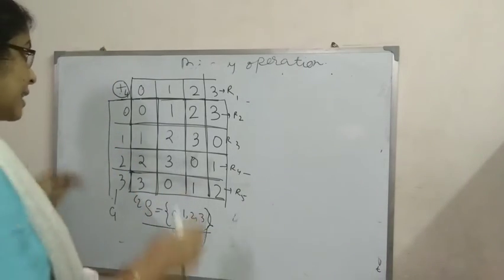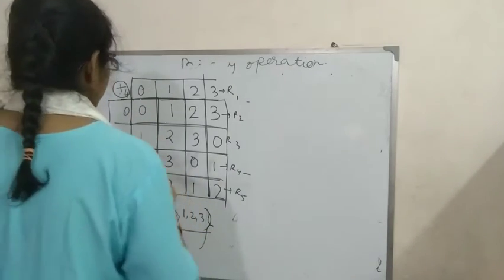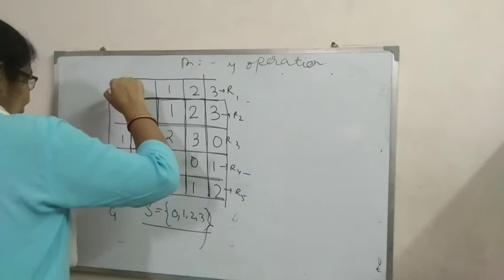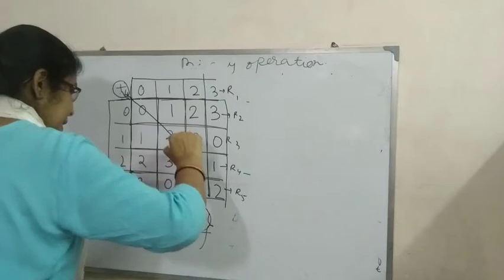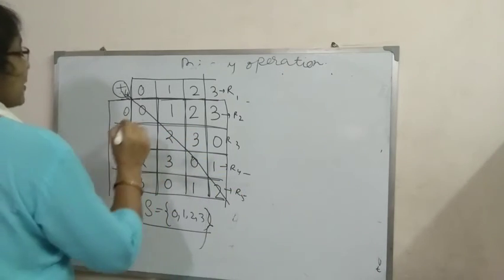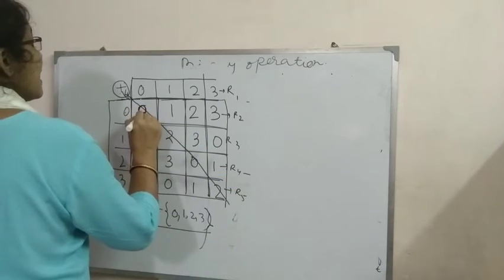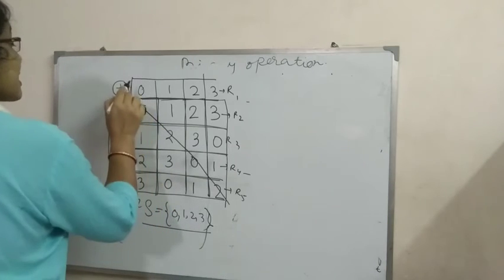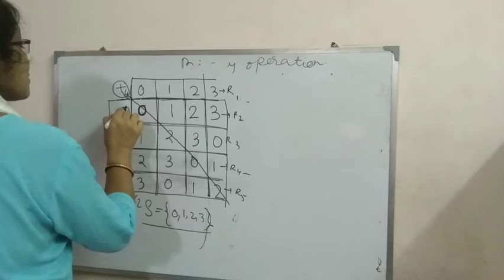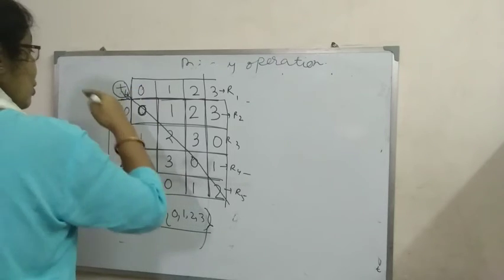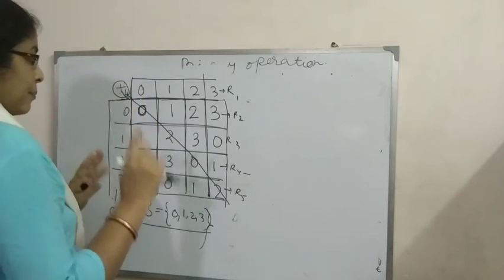Is the composition table symmetric? For this, I will draw the leading diagonal. This is the leading diagonal. 0 is the diagonal element, and both sides of 0, this is one side, this is the other side, the two elements are same.